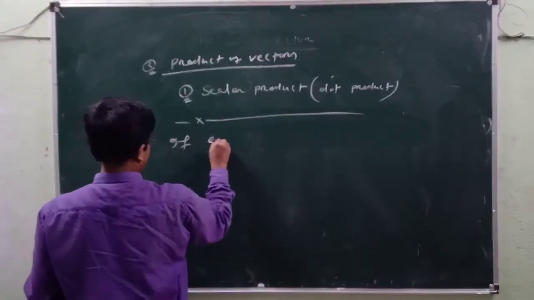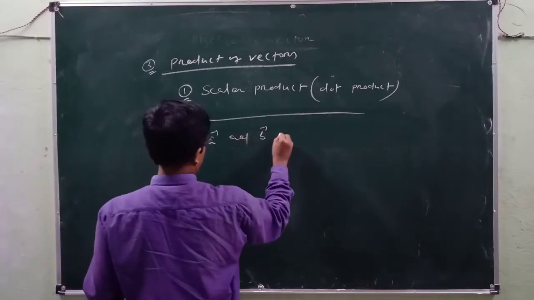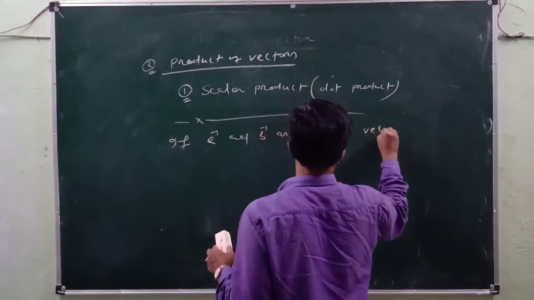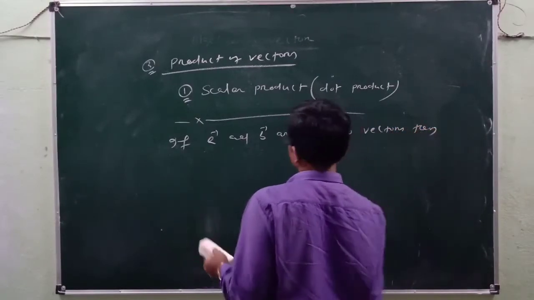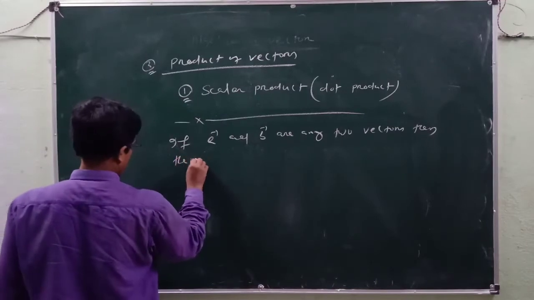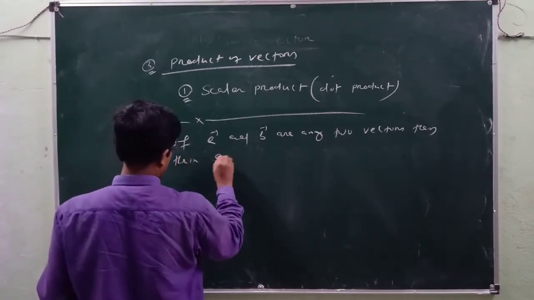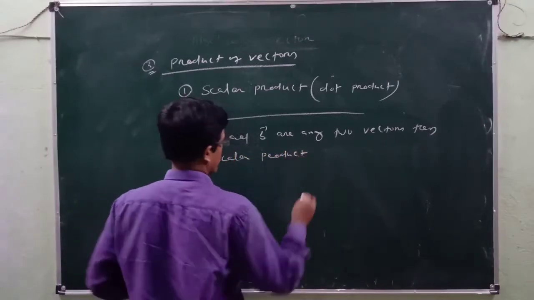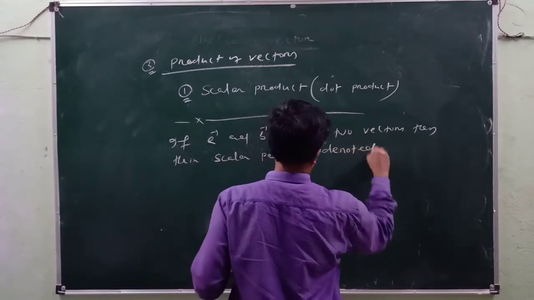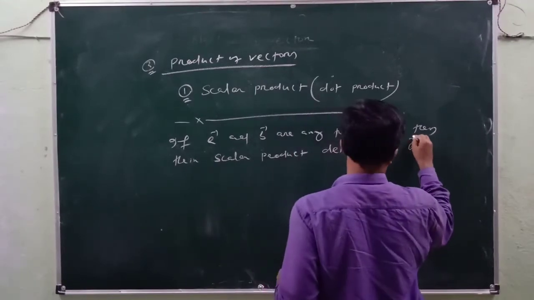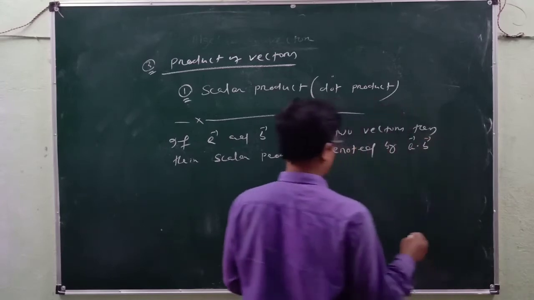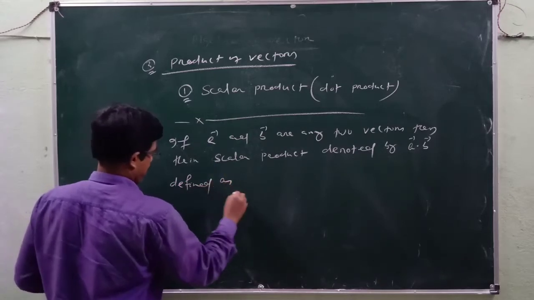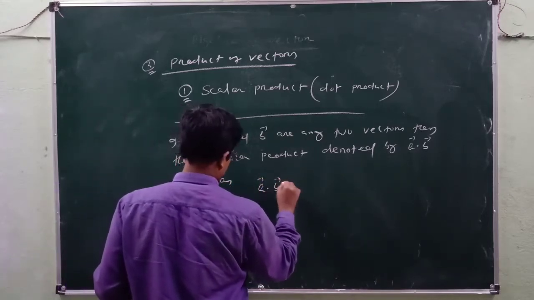If A and B are any two vectors, then their scalar product, denoted by A vector dot B vector, is defined as A vector dot B vector.